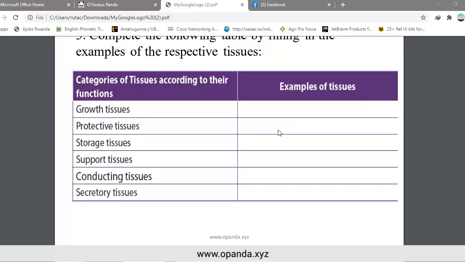Parenchyma, yes, good. For storage tissues, Itanga.